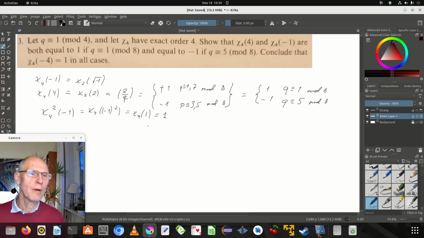So it's either plus minus 1. Of course, we know in terms of the generator where the square root of minus 1 is.